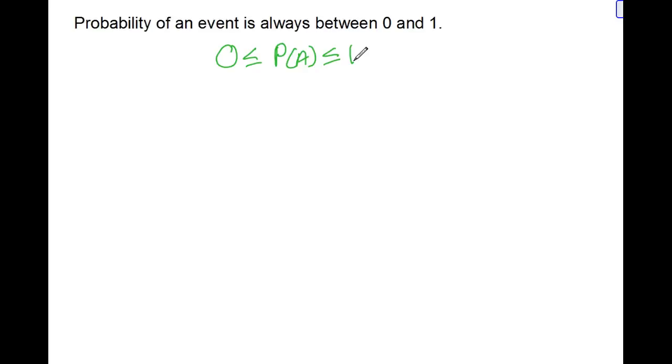So you have to make sure that when you're calculating probabilities, it's between 0 and 1. Now, for the probability of A to be 0, that means that an event cannot occur, okay? It is not possible. So think about rolling a die, a normal 6-sided die.